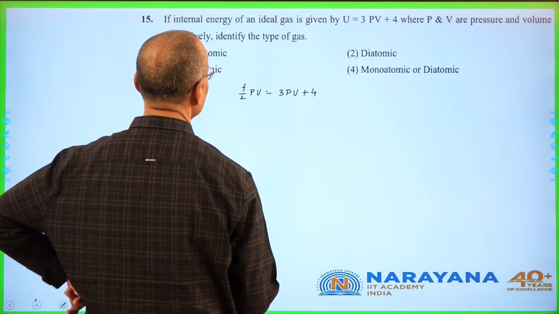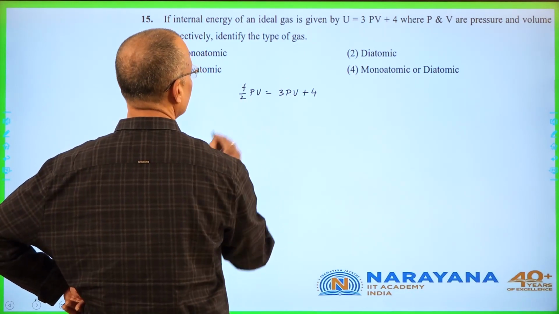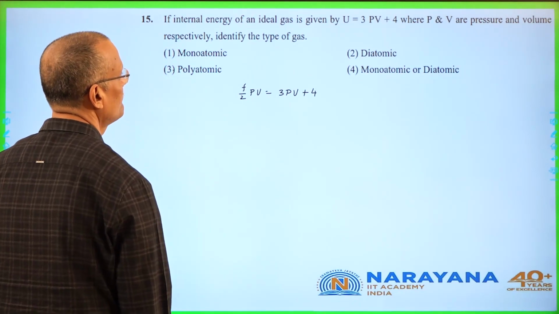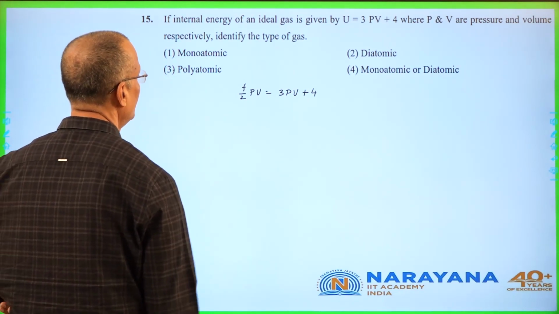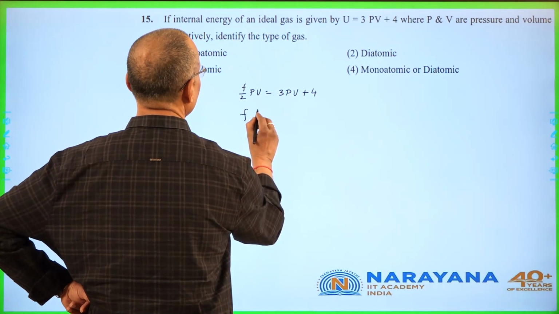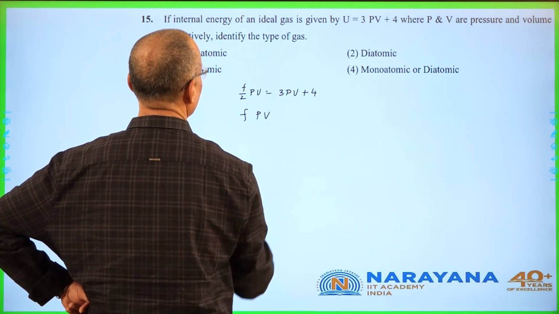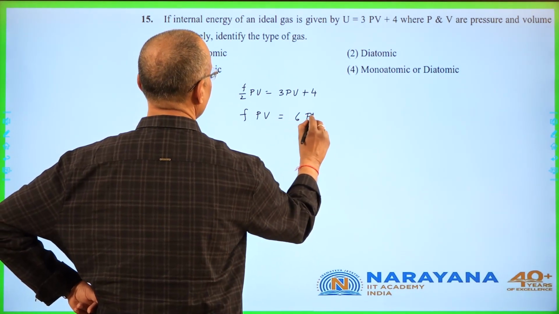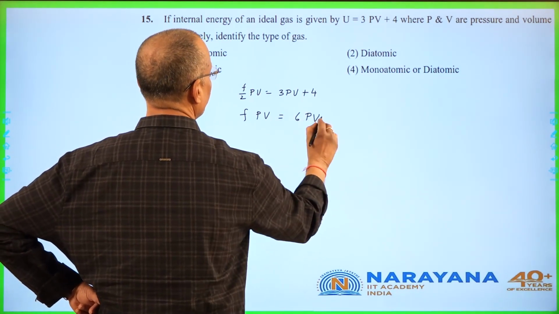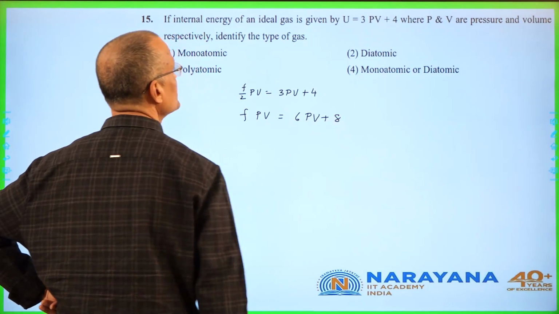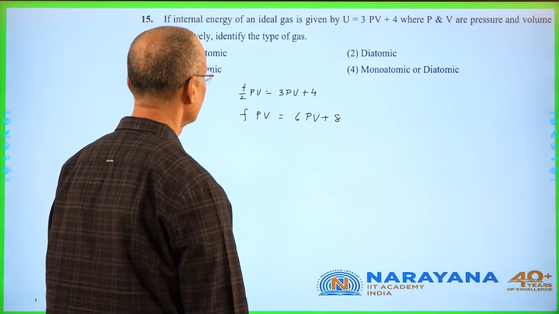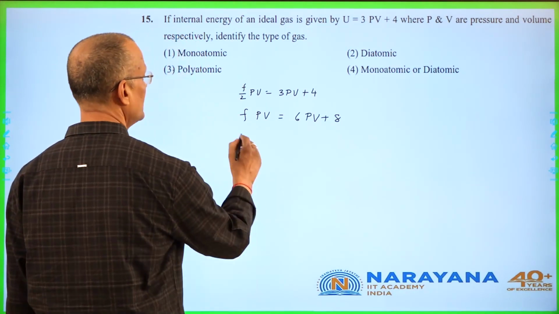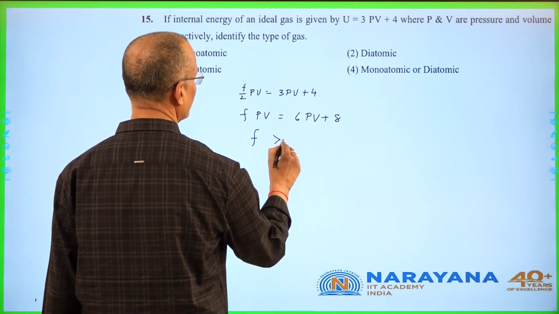From here, if I am going to get F by 2, I want to find the value of F. PV will be equal to 6 PV plus 8. Am I right? So if you take the value of F, undoubtedly it is more than 6.